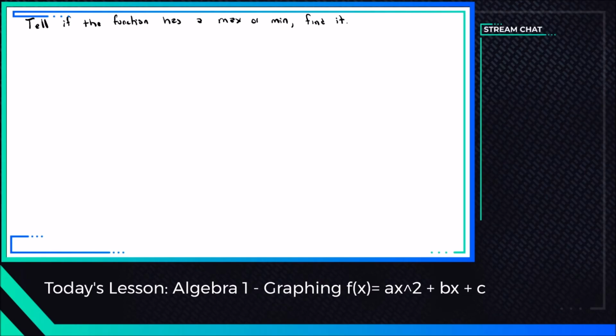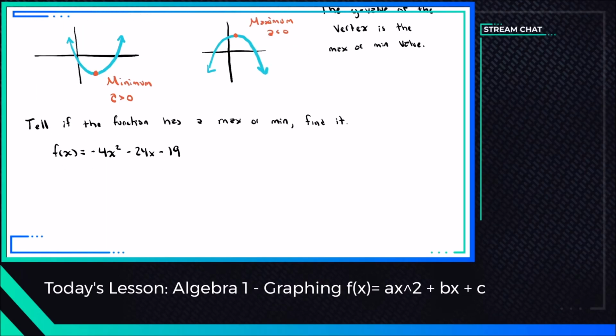And so if we look at the function f of x is equal to negative 4x squared minus 24x minus 19, we know that if a is greater than 0, you're going to have a minimum. And if a is less than 0, you're going to have a maximum. And in this function, your a term is equal to negative 4, and that is way less than 0. So you're going to have a maximum here.